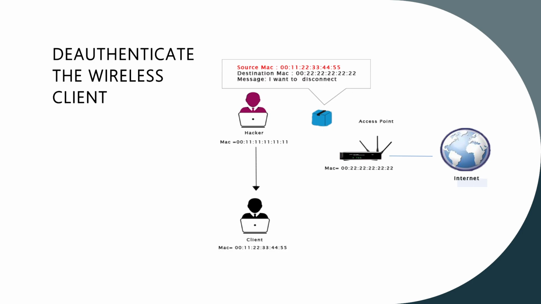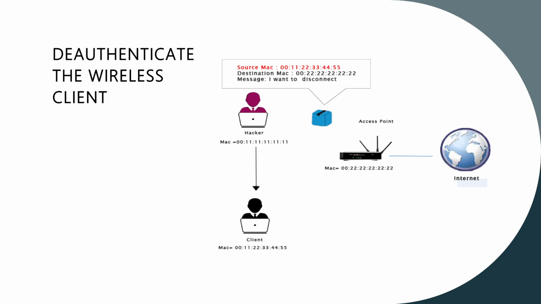After completing the airodump-ng process, we are going to disconnect the device from within a station using aireplay-ng. The syntax is aireplay-ng, hyphen deauthenticate, followed by the number of deauthentication packets, then the target access point's MAC address, the target client's MAC address, and the interface.